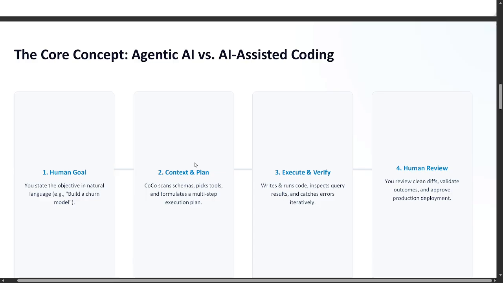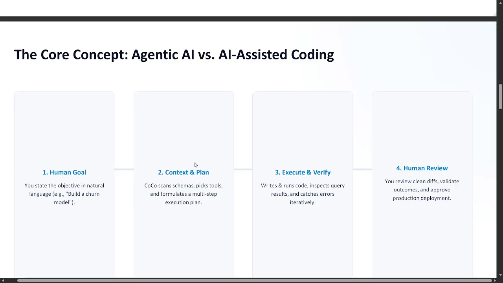For example, it will write and run the code, inspect a specific query, catch the errors, and it will try to iteratively assist you in removing those errors as well, right? And the fourth step that is necessary for everyone is nothing but human review.